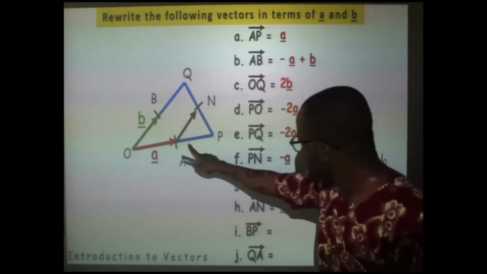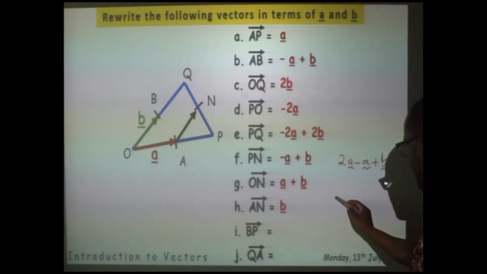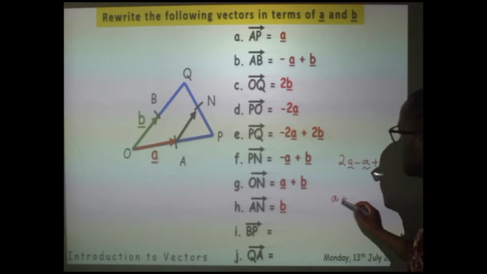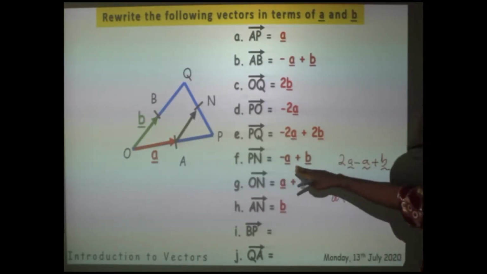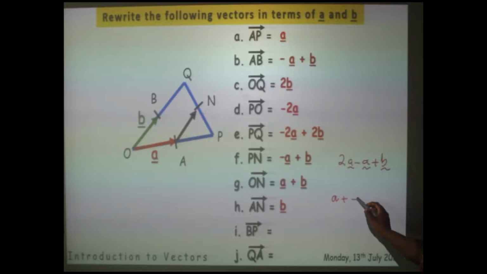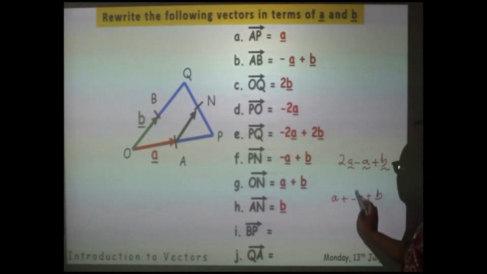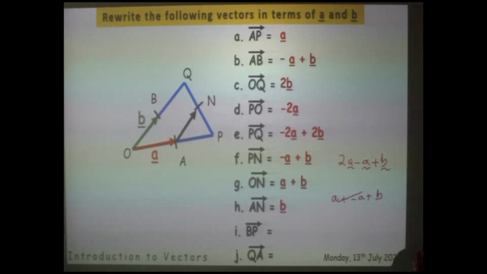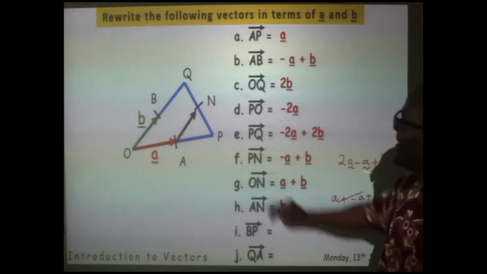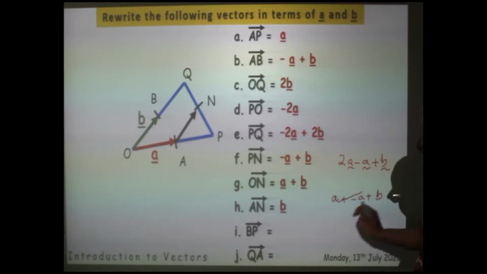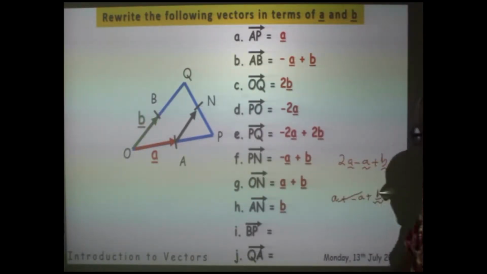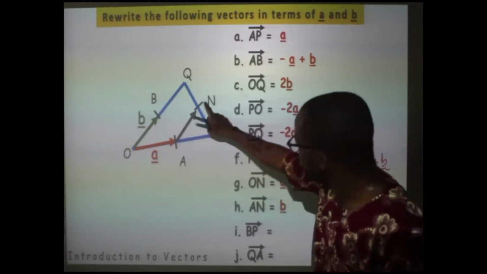Now AP is going to be A, so you have A plus PN. PN is minus A plus B. Okay, and so that cancels, and then you're left with B. So B is the value of the vector AN.